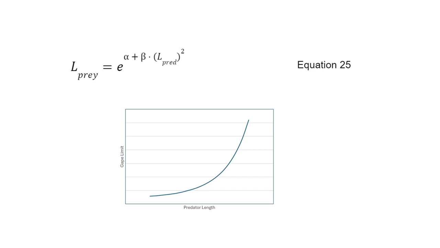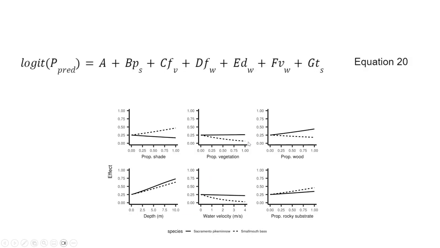Predators in FHAST are not agents per se, they don't interact with each other, but they are individuals and they have individual attributes, one of which is length, and the length dictates what their gape limitation is, which dictates whether or not a fish is safe from predation given their size. And so this is based on some equations from morphometric literature, where effectively the prey they can eat is based on this equation of the predator, which looks like that. So as the predator length goes up, their ability to swallow things increasingly gets larger. That's the first parameter you'll see.